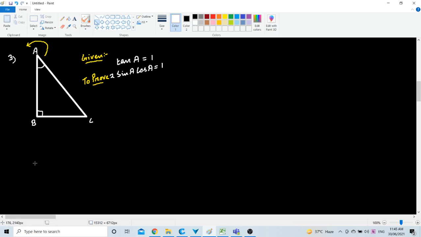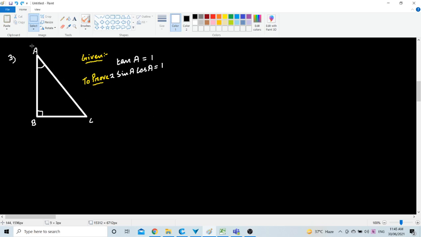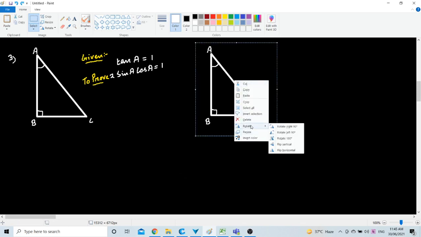Okay, so now let me go ahead and make this figure. Alright, we have this figure, and now we can simply rotate it.